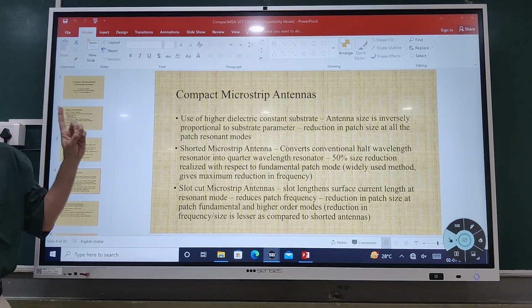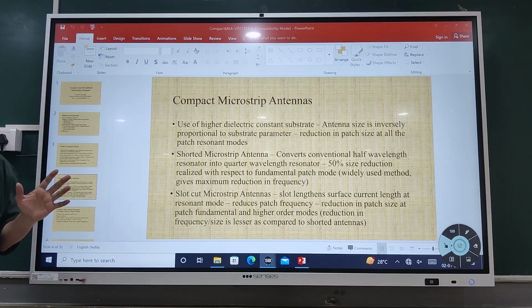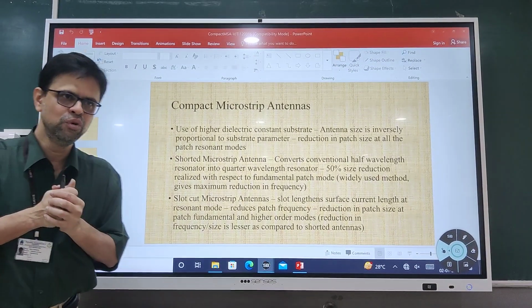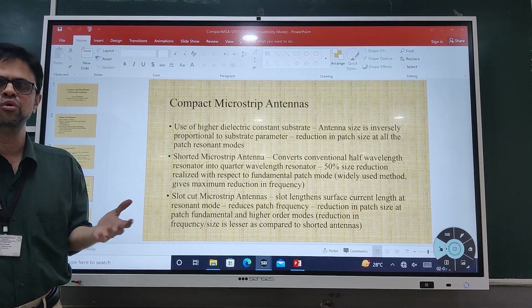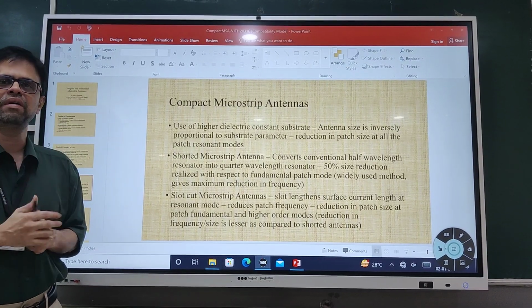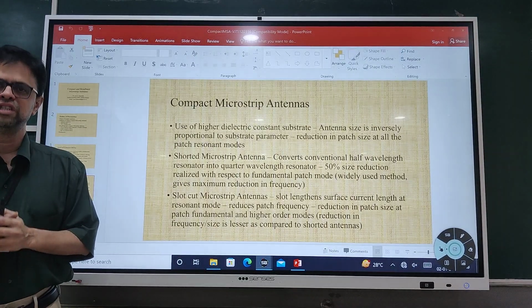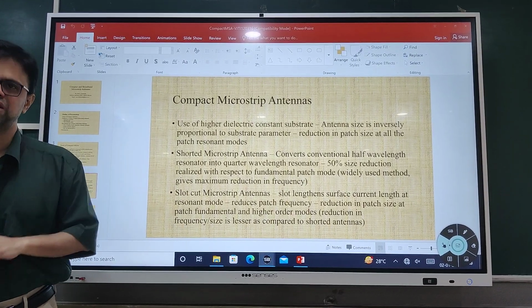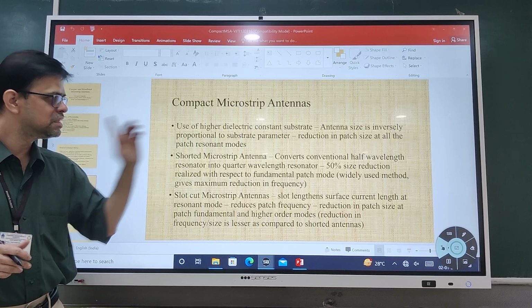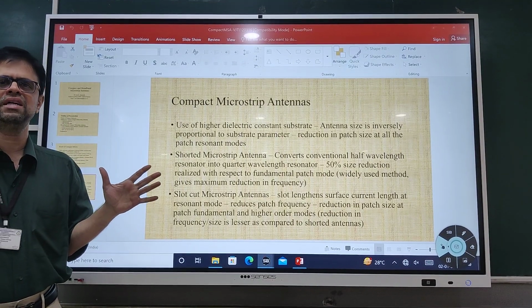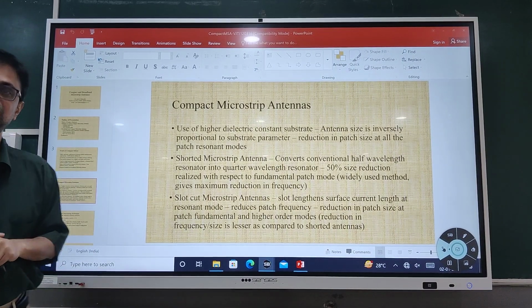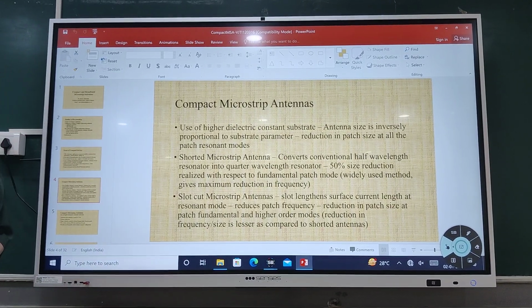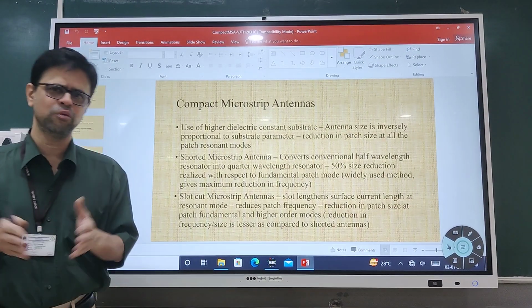That is the fundamental method. That's why in earlier days a high dielectric constant substrate was used. People then realized other disadvantages, and other methods evolved. This is the simplest method to realize a compact microstrip antenna. Now we will talk about the demerits of this method and why it is not so popularly used.